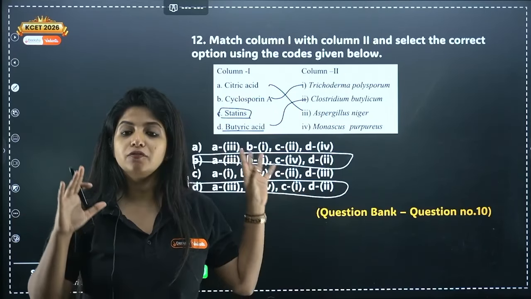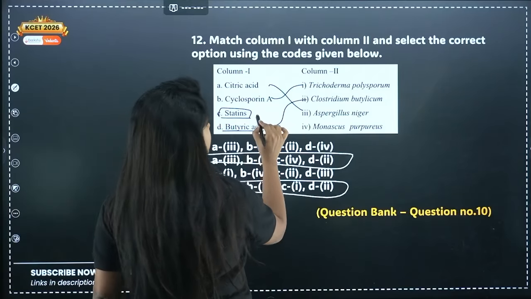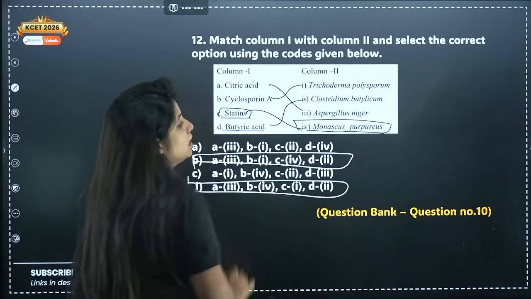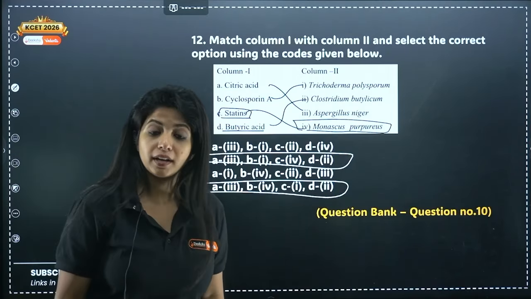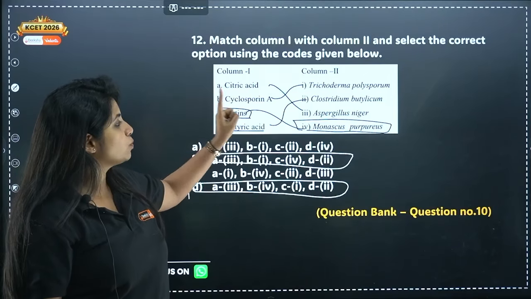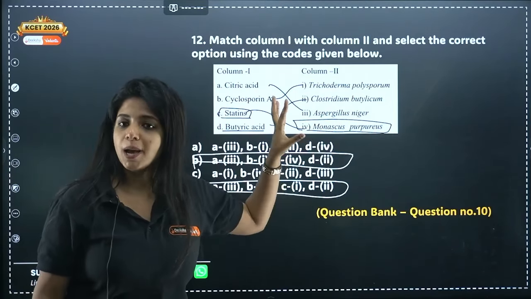Statin is produced by Monascus purpureus, which is also a fungus. This is another bioactive molecule. So two bioactive molecules we studied: one is cyclosporin A, produced by Trichoderma polysporum, and statin, which is produced by Monascus purpureus.